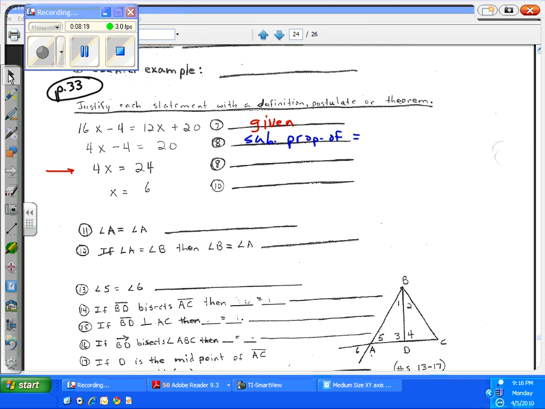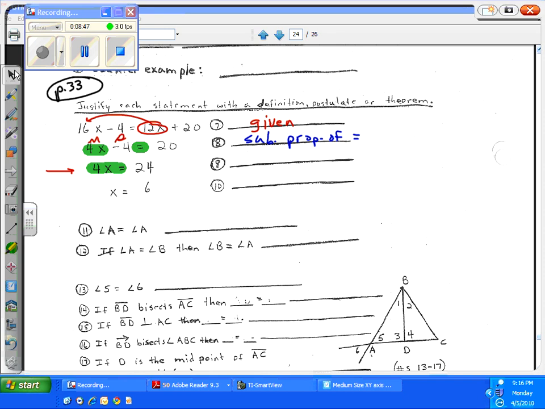And now we're looking for a reason for this one. And so we compare it to the statement above it. We got a 4x and an equal and a 4x and an equal. And you can see that the minus 4 disappeared. And as we think through that order of operations, we would be thinking, okay, I've gotten the variable that I'm isolating on one side.